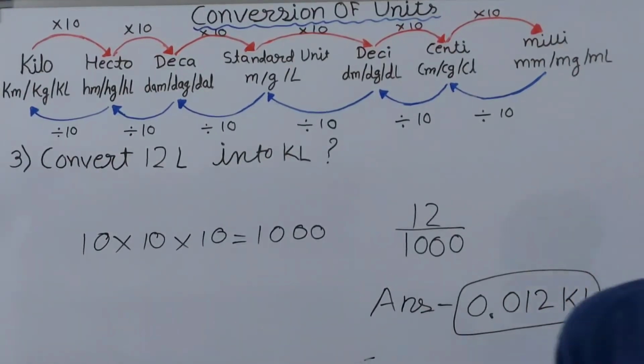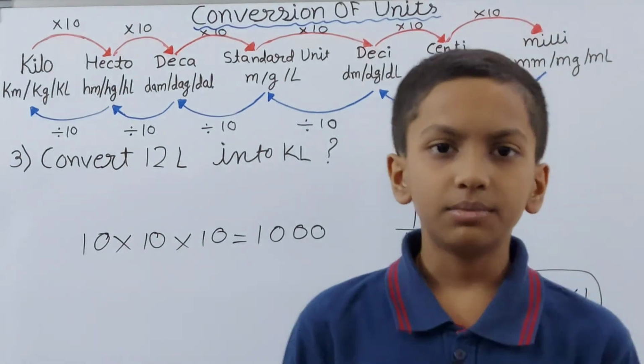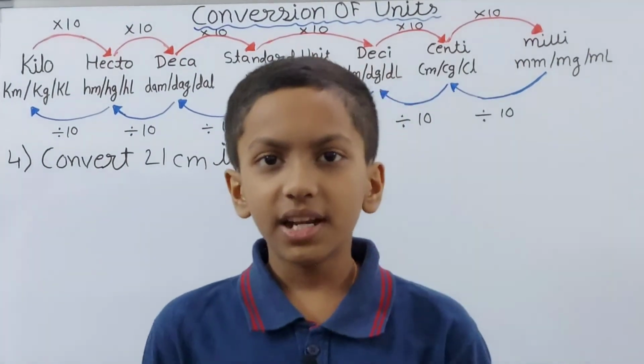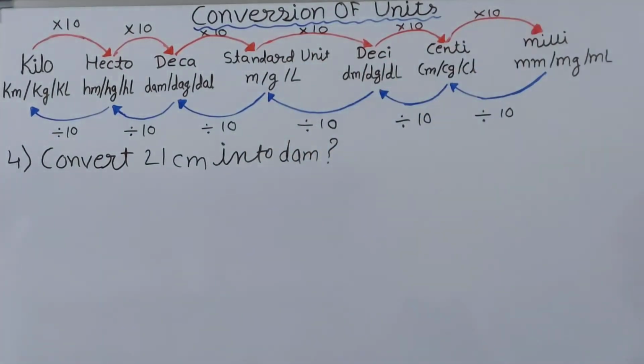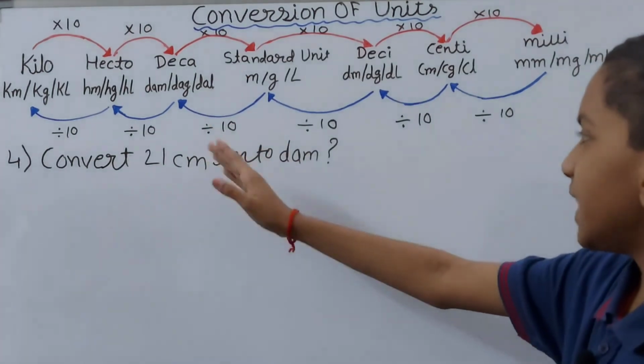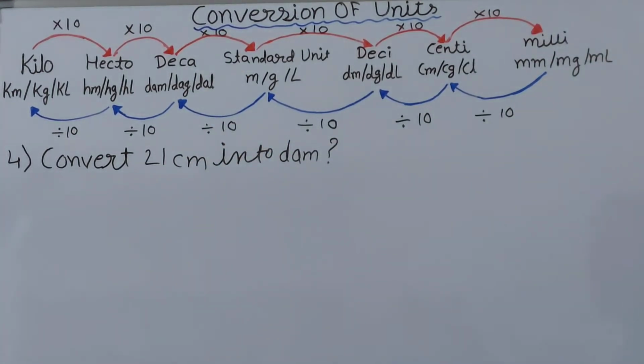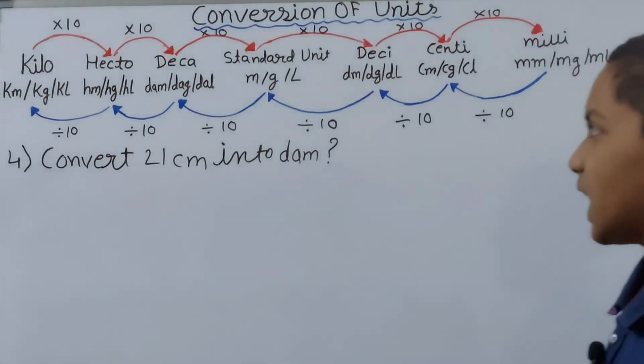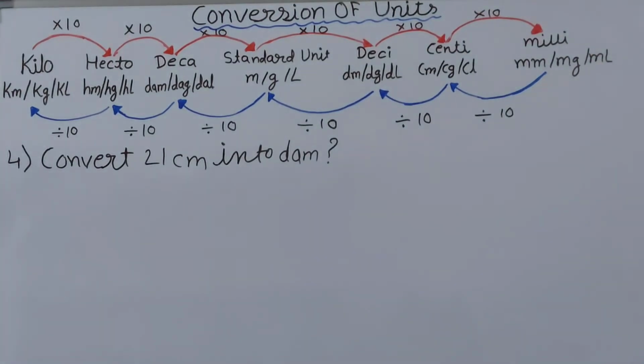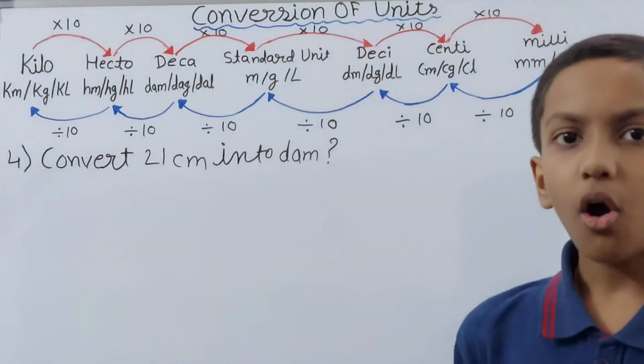Friends, now let's see the next question. So friends, the next question says convert 21 centimeters into decameters. So here we have 21 centimeters and we have to convert this into decameters. Friends, first step, as I told you, decide whether we have to multiply or divide.